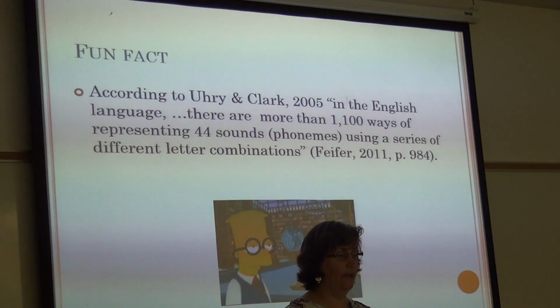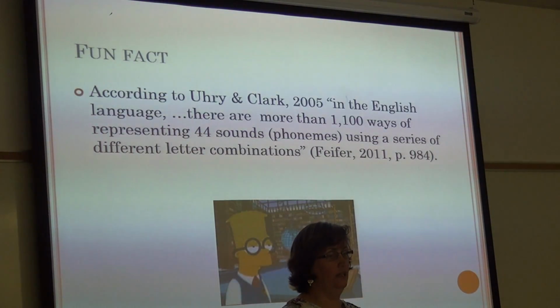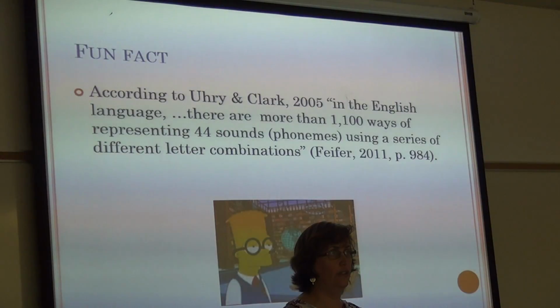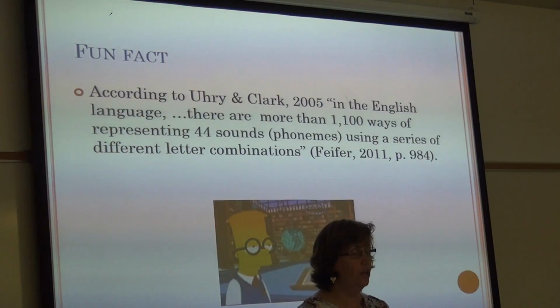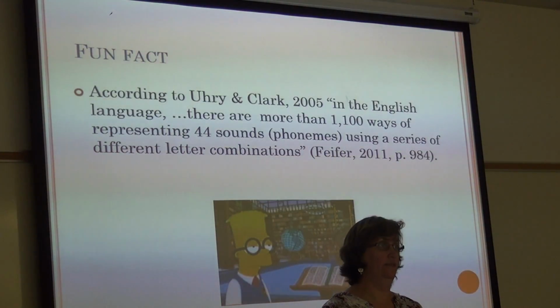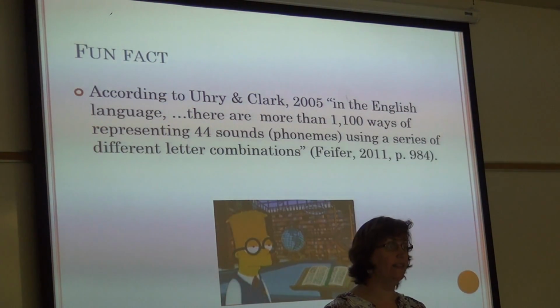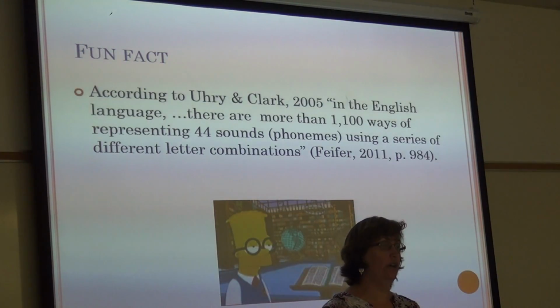I also learned when I was reading an article by Maria Clark that some other languages, such as Romance languages, are far less phonemically complex, for example, Spanish and Italian. So when we are learning to read and sound out words in English, our brain is working very hard.